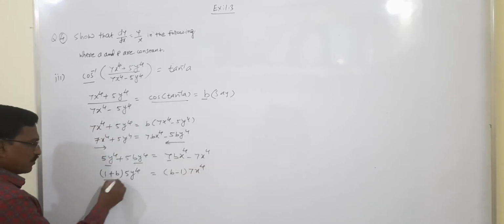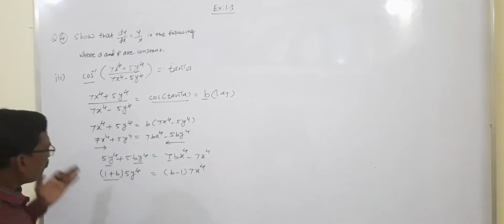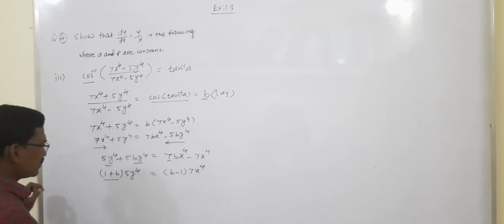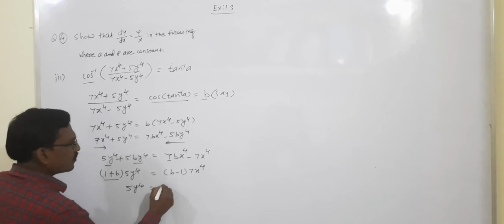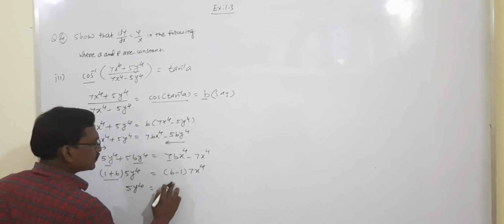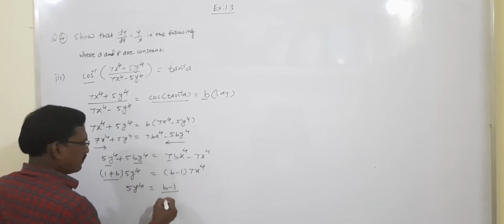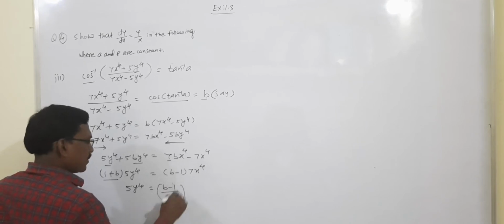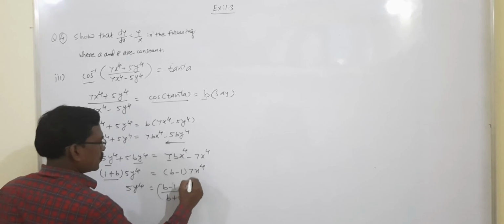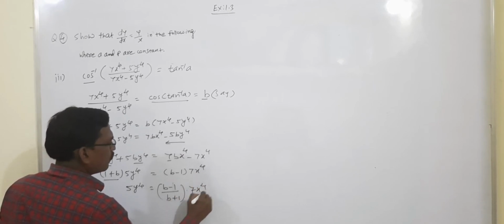Now we take this 1 + b, or b + 1, it is one and the same, to the right hand side. So 5y^4 is equal to (b - 1)/(b + 1) into 7x^4.